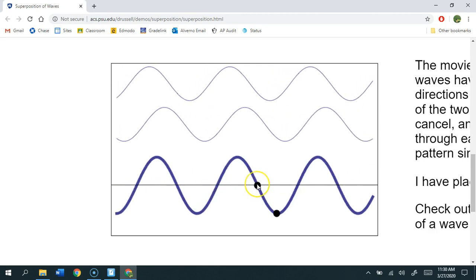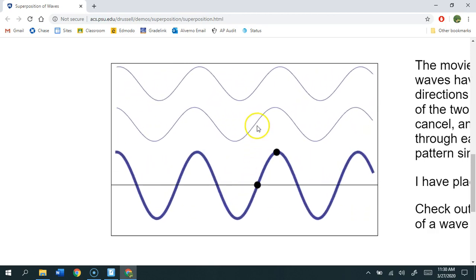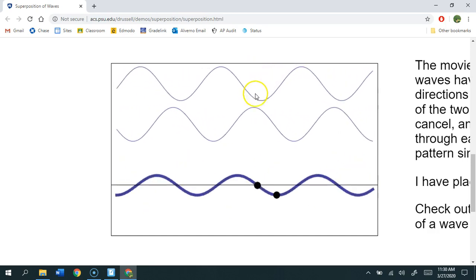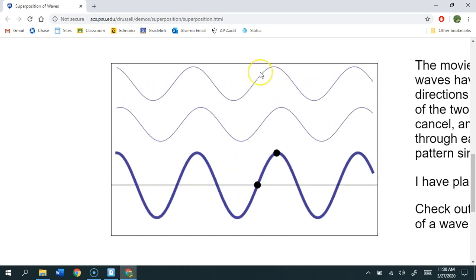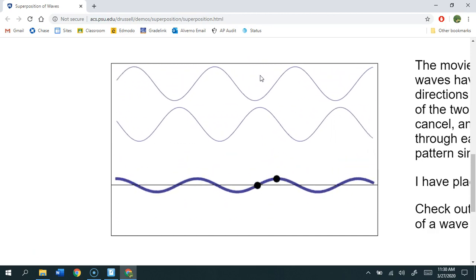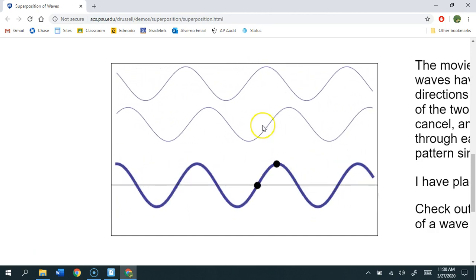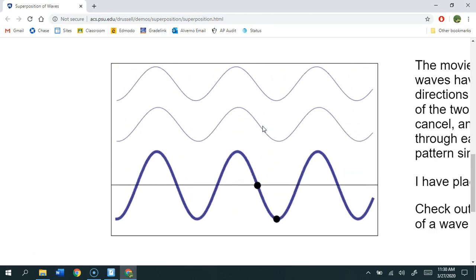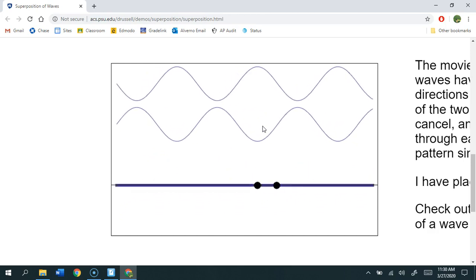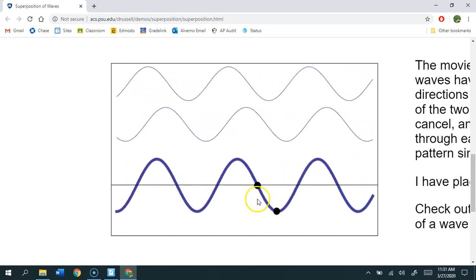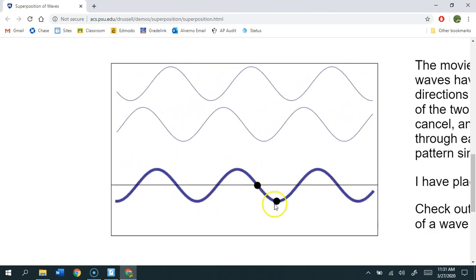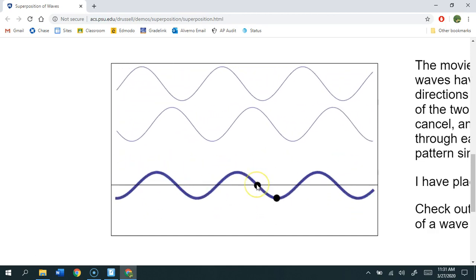In a standing wave, every single time there's a positive in that first graph, it's just canceling out with the negative of the other graph. Let me repeat myself. The positive of one graph cancels out with the negative of the other graph, and so what you end up with is a 0 every single time. So this part on the resulting wave is always going to be a 0.